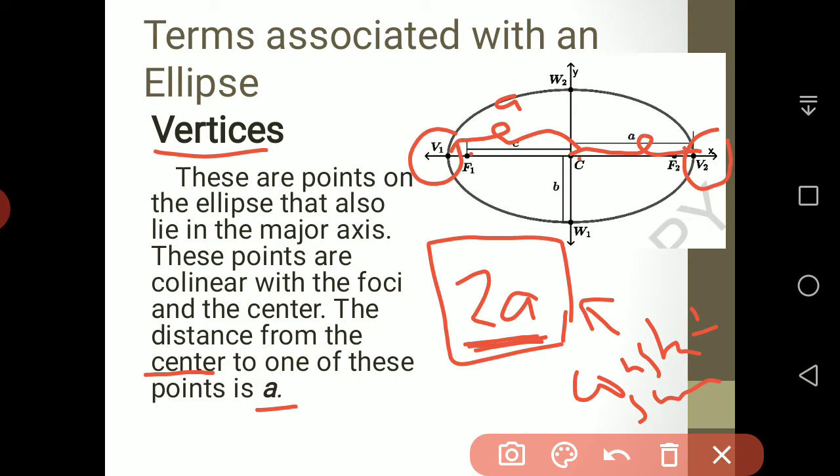So the length of the ellipse is the distance from one vertex to the other, and that is equal to 2a. a here again is a very important distance. You have to take note of that.